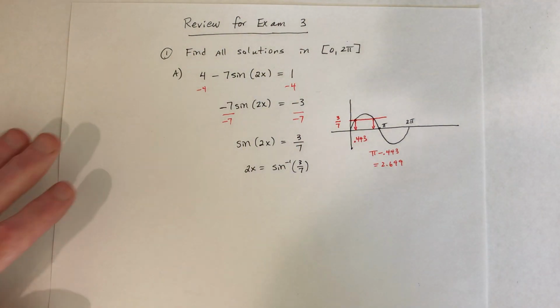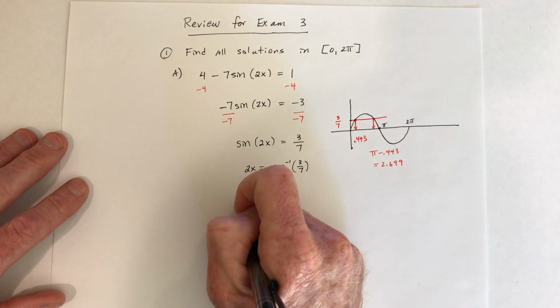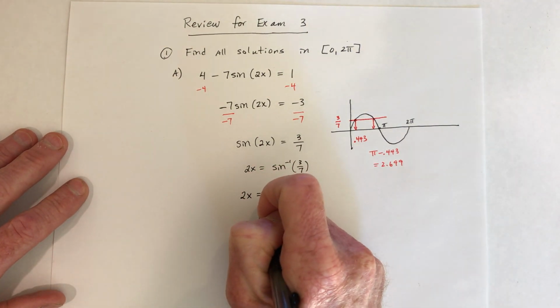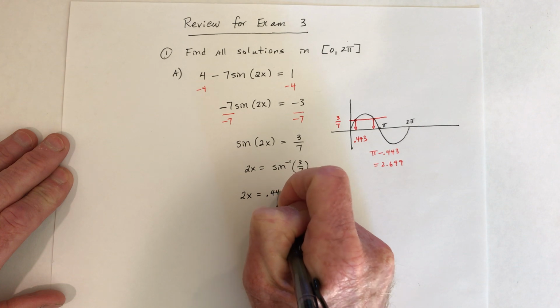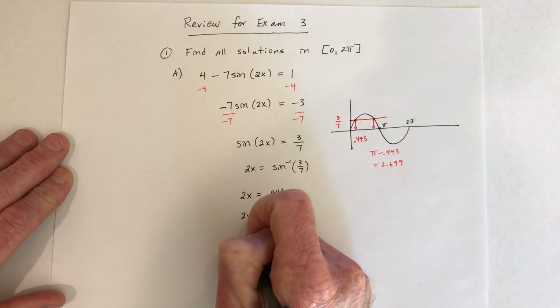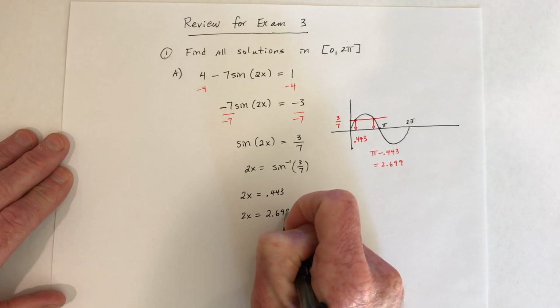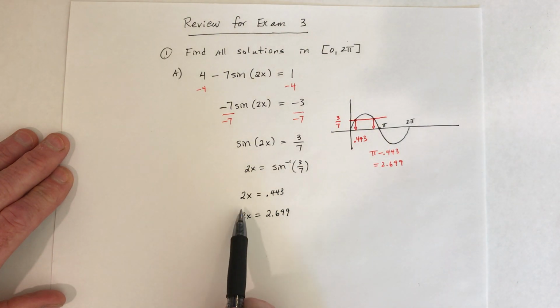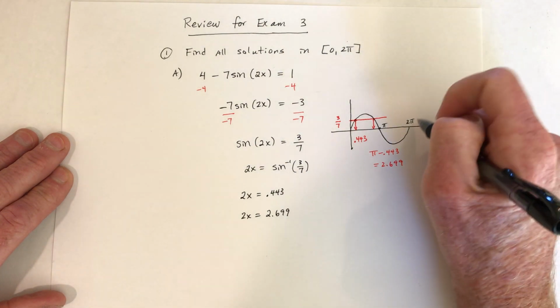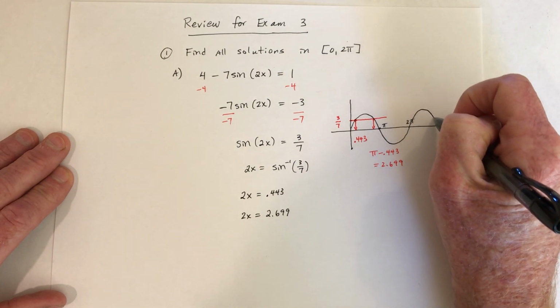Now, that means that 2x is equal to 0.443, 2x equals 2.699. And I know that you want to divide by 2, but be patient because we need to find the other 2 solutions.